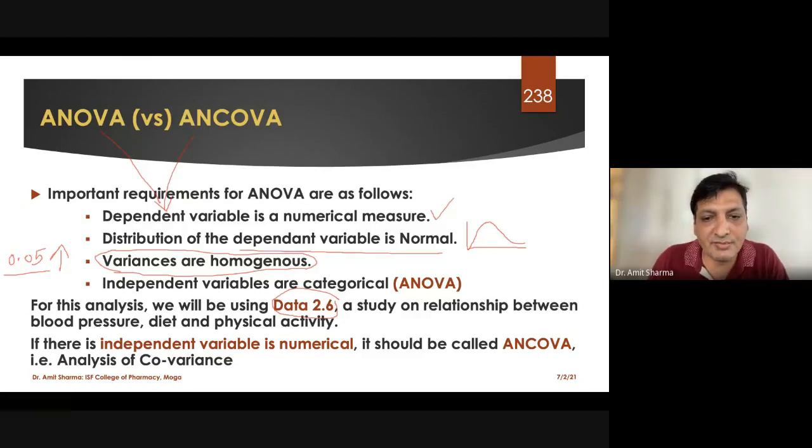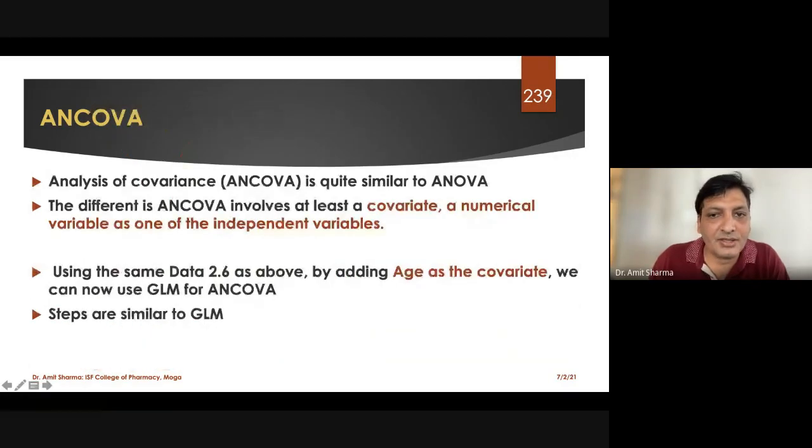So the same dataset I'm going to use. If the independent variable is numeric, then the test will be called ANCOVA. This we have already discussed. That stands for analysis of covariance. So this is the test which we are going to proceed with.